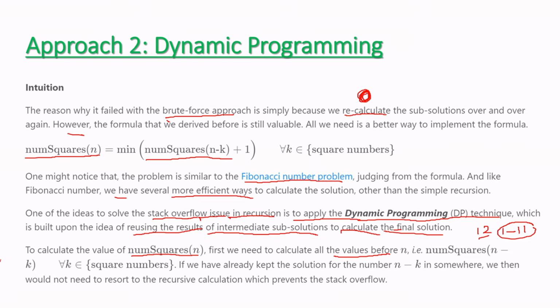If we have already kept the solution for n minus k somewhere, then we do not need to resort to recursive calculation, which prevents the stack overflow. We store the calculated values, and if we need them, we reuse the stored value.